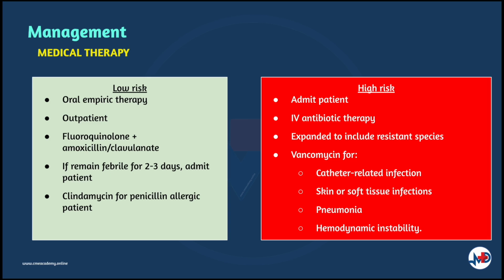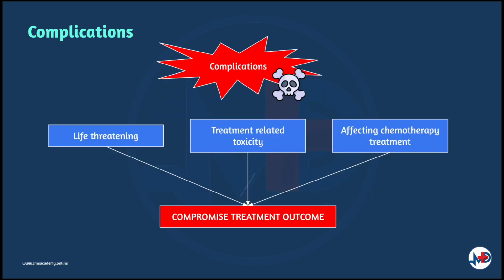If patients do not respond to treatments, coverage should be expanded to include resistant species. Vancomycin is not recommended for initial therapy but should be considered if suspecting catheter-related infection, skin or soft tissue infections, pneumonia or hemodynamic instability. Most patients with chemotherapy-induced febrile neutropenia recover rapidly without serious complications.